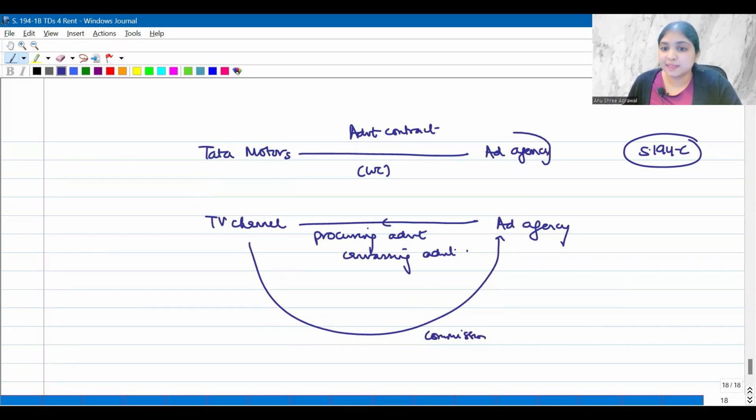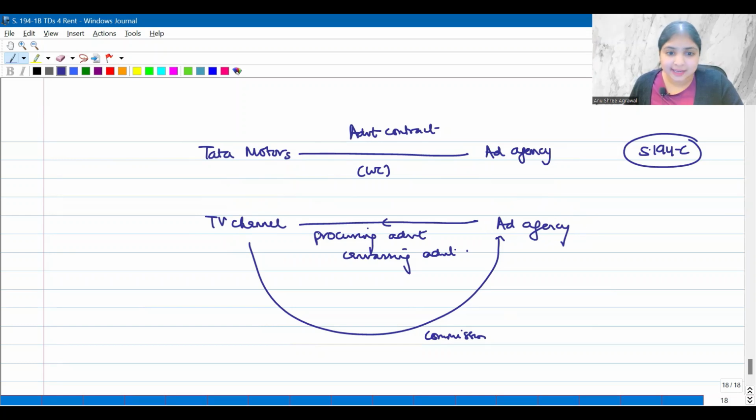Like for example, this ad agency made an advertisement for Tata Motors, and then it is bringing that advertisement to the TV channel. So the TV channel will charge a bulky amount from Tata Motors. I am going to show your advertisement on my channel, you have to pay me money. So the TV channel is going to get a huge sum of money from Tata Motors, and that income the TV channel is able to earn because the ad agency brought Tata Motors' advertisement to the TV channel.